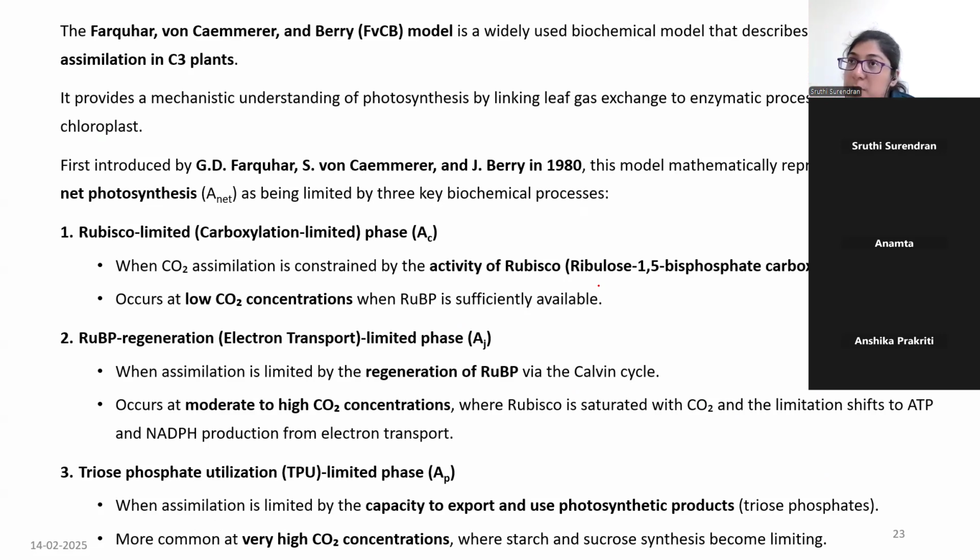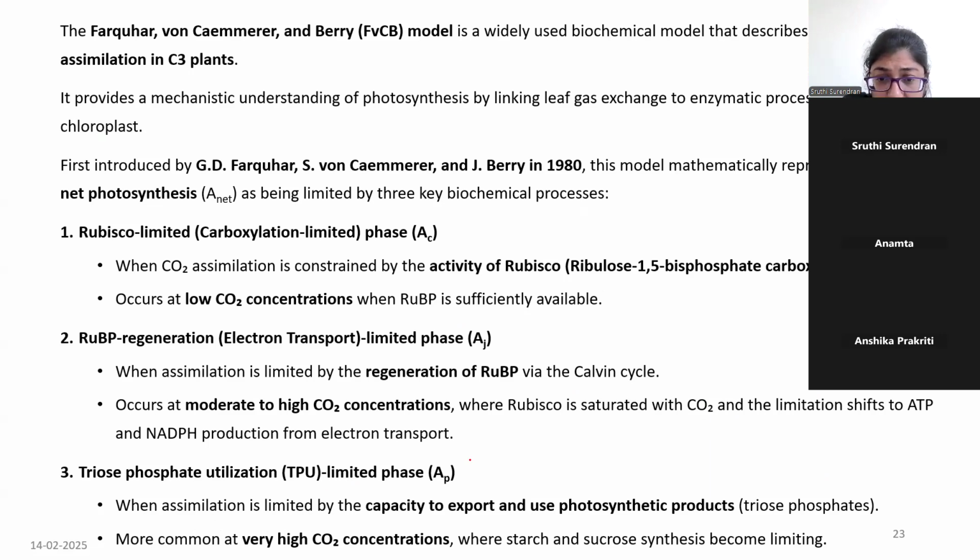Now, after this RUBP regeneration phase is over, it will shift to the TPU utilization limited phase, and at that time how fast the TPU is being utilized is what is going to impact the photosynthetic rate.